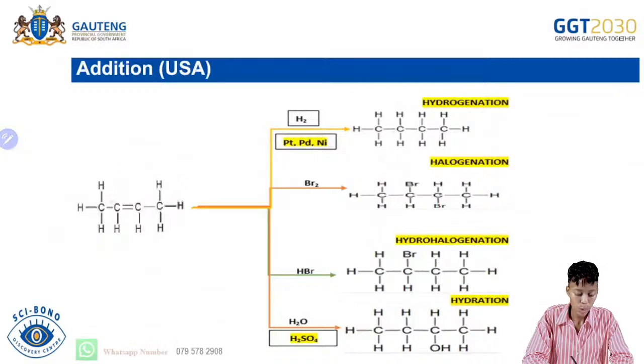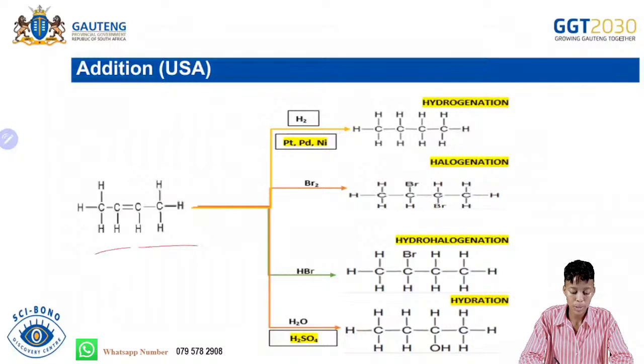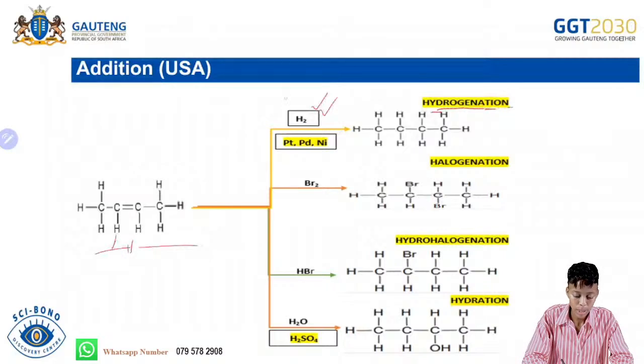Then in terms of your organic reactions, this is what we have. If you have a total of 4 carbons and you are going to add H2, the type of reaction would be called a hydrogenation. So if we moved from this double bond here to get to this one, what did we do?